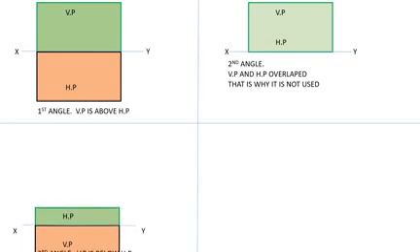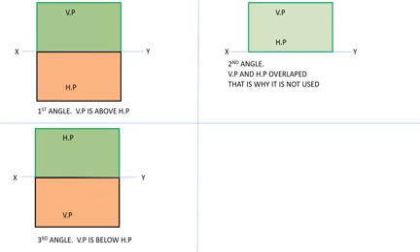For third angle of projection, the horizontal plane is above the reference line and the vertical plane is below the reference line, and this is when we rotate the vertical plane in anti-clockwise direction through 90 degrees, or the horizontal plane in a clockwise direction through 90 degrees. So all these things can be seen on the previous diagram.